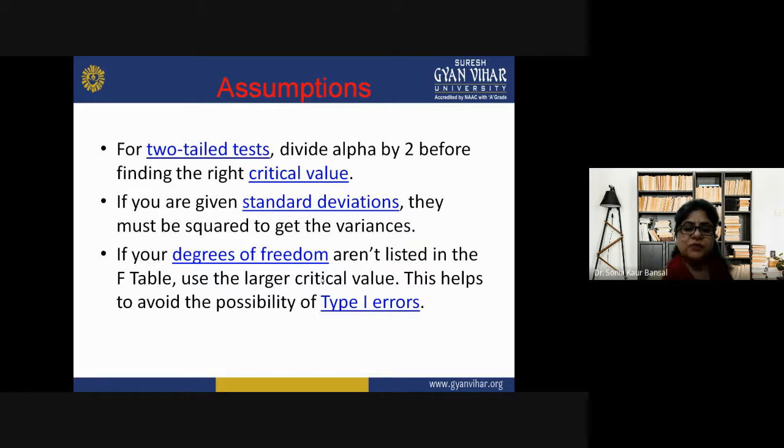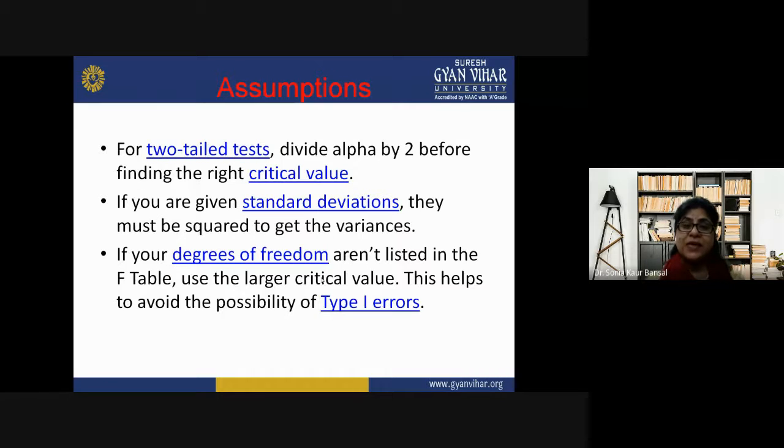So these are assumptions that as a student or an investigator, you must find out. If you are given standard deviations, they must be squared to get the variances. You are given the standard deviation, but you must square it to get the variance. Only then will you be able to find the significant difference of your groups through the F-test.